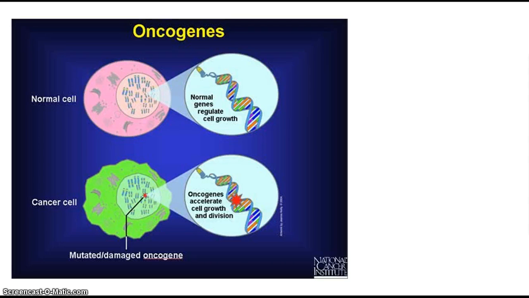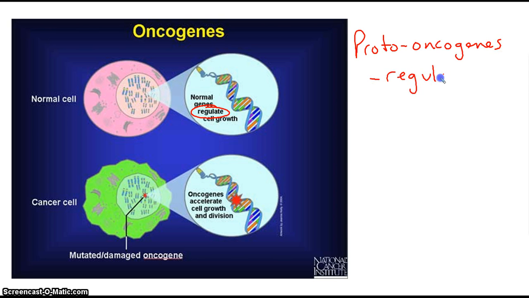So let's look at oncogenes first. Let's look at the example on the top here. Here's a normal oncogene, and normal oncogenes regulate cell growth. In this form, they're known as proto-oncogenes, and they regulate cell growth.